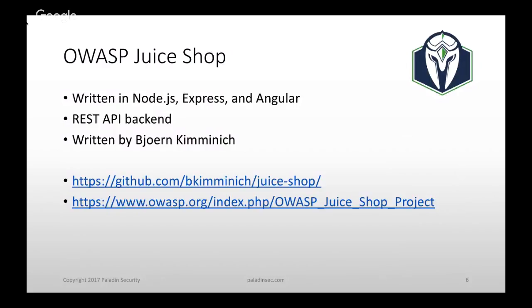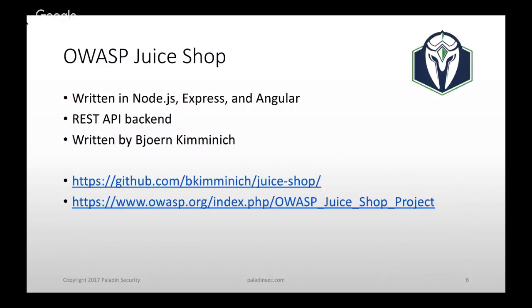As a result, Juice Shop is actually the first JavaScript vulnerable web application listed on the OWASP directory of vulnerable apps. So, he got this out there first. So we're going to take a look at Juice Shop here today. And I've got a couple of links here to Juice Shop.